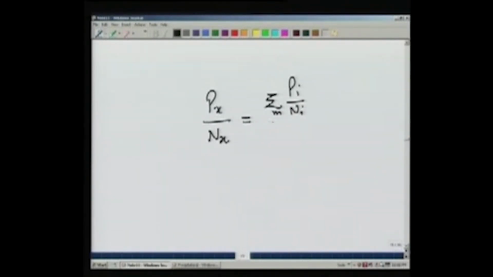It's a similar formula, but now instead of estimating the rainfall, we estimate the ratio of the rainfall with the normal rainfall, and that way we can estimate the missing value Px.